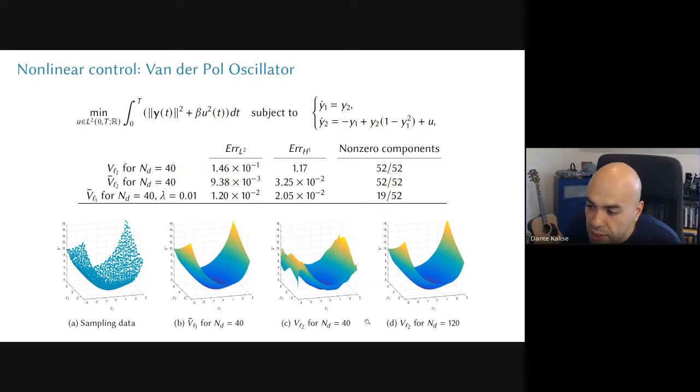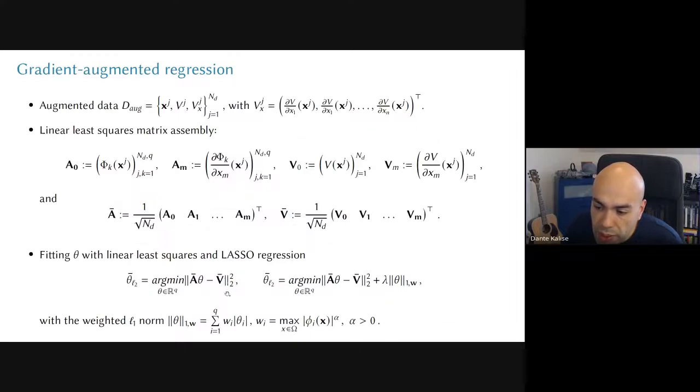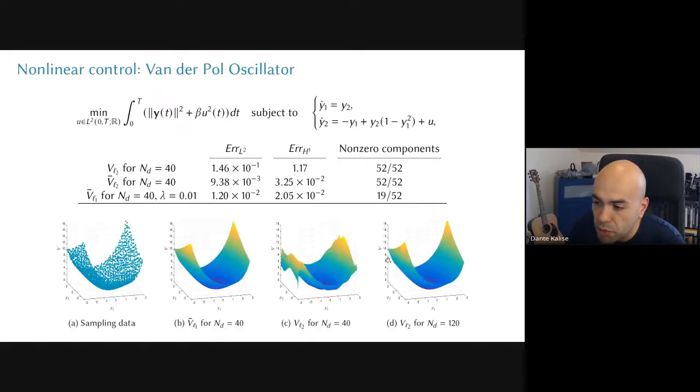For instance, instead of doing just a linear least squares regression, do a least squares regression, but with that l1 norm penalty on the coefficients. And that will reduce the complexity of the object. It's going to be more robust, and you are going to recover a better shape.